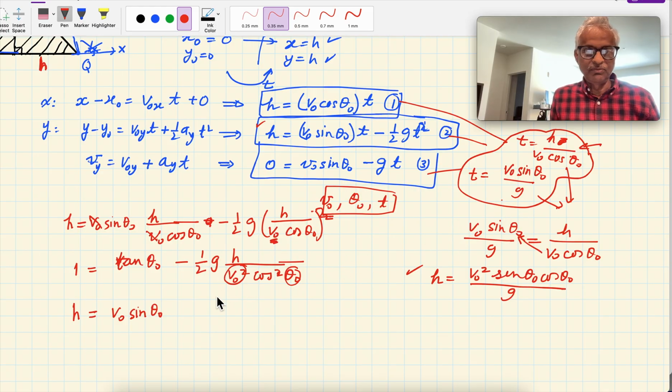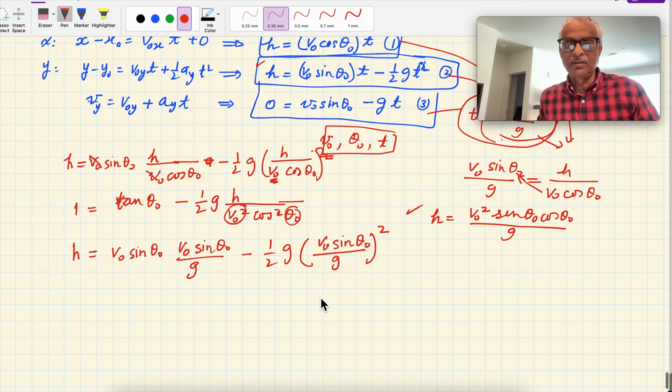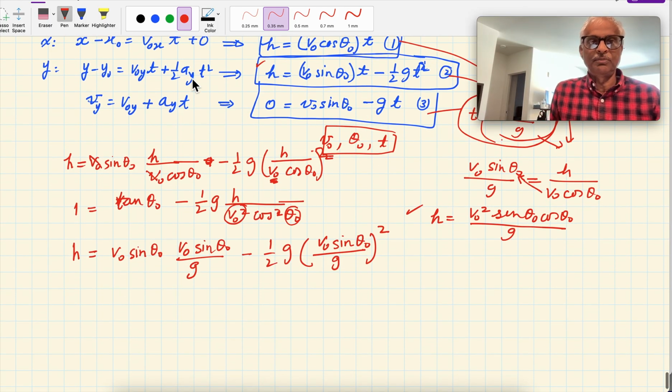So over here, let's see, v0 sine theta 0 over g, and then we have a minus half g times v0 sine theta 0 over g squared. So this one actually is pretty useful.